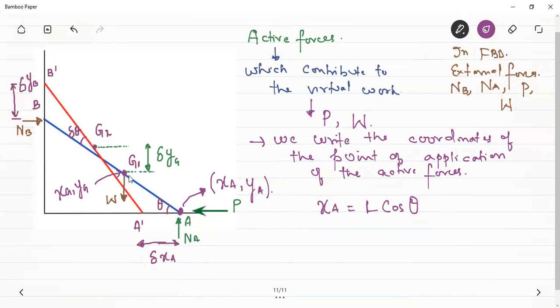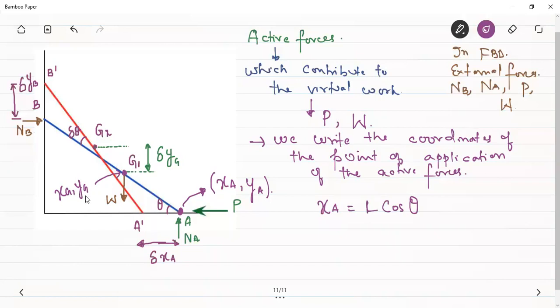Similarly, if we look at the coordinate of G, see here, G is moving in the upward direction. Although it also has a displacement in the x direction, the active forces are acting in the vertical direction. That is, the component of the force which is responsible for the virtual work is only in the y direction.